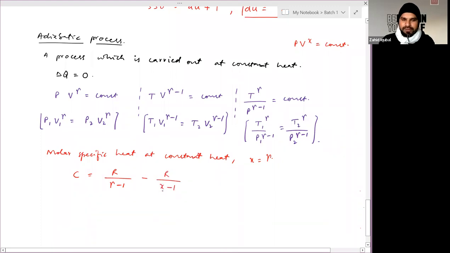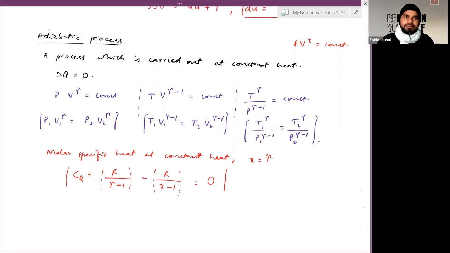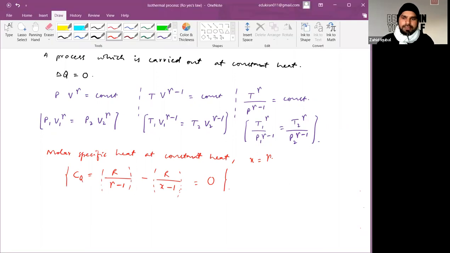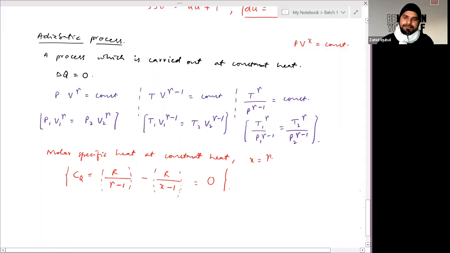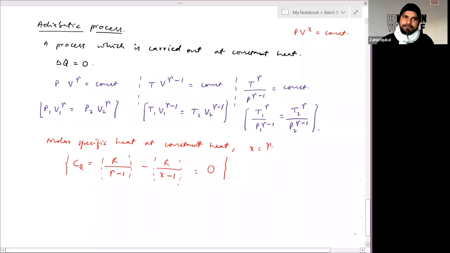So if you put the value of X to be gamma, this quantity and this quantity becomes same. And since there is negative sign in between them, so you'll get 0. It means molar specific heat at this adiabatic process is 0. Khalid, any doubt? No, sir.